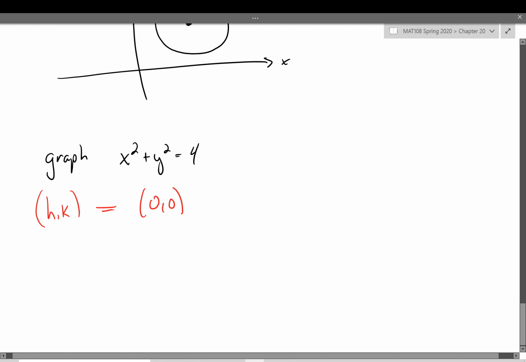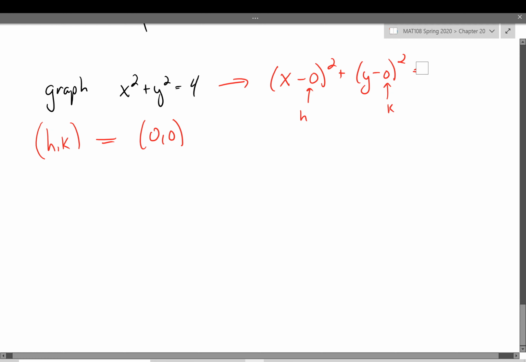Why? If I were to write this in standard form, it would be x minus 0 squared plus y minus 0 squared equals 4. Right there's h, right there is k. So I know my center is 0 comma 0. And my radius, well, I'm going to erase this 4 and write 2 squared.